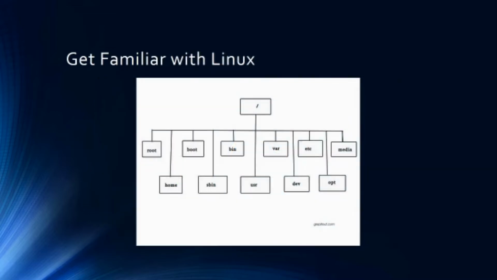Now in Windows, how do you organize your files? You usually have a hard drive that is divided into different partitions. You have the C drive, you have the D drive, and maybe E and F or whatever drive. Then inside those drives, you start creating folders where you keep all your files. In Linux it is similar, except Linux has its own specific folders.